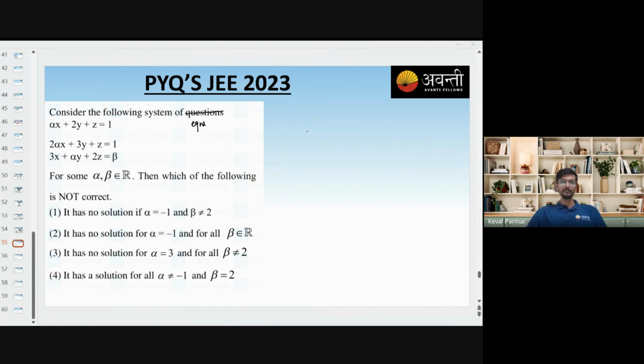Okay, so let's find D, the determinant: alpha 2 1, 2 alpha 3 1, 3 alpha 2. This should be equal to 0. If D equals Dx equals Dy equals Dz equals 0, then the system has an infinite number of solutions.